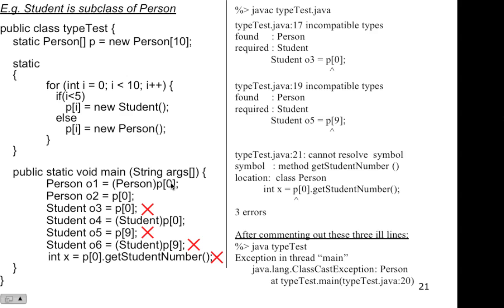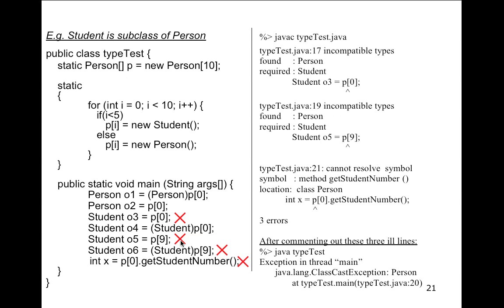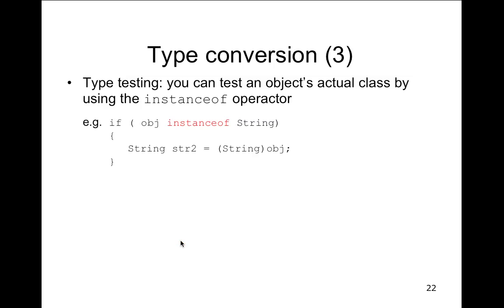I'm not going to go through all of them, but you can download the slide set, take a look at it, cut and paste it into your compiler, and actually see it run. Or mixing and matching a student with a person, where we're trying to add one to the other and work with an array of one, and we're giving it another. So it's not expecting what it's supposed to be getting, or it's not getting what it's supposed to be expecting. So, long story short.